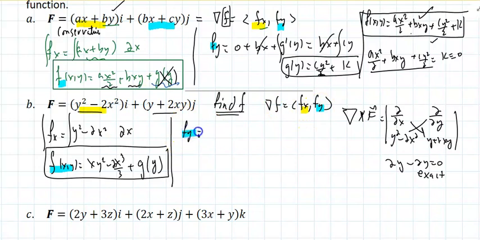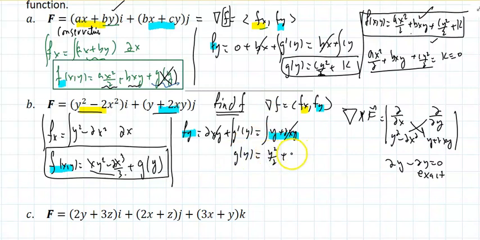Take a derivative with respect to y of this, that is 2xy, that's a 0, plus g prime of y, and that should equal the j component. That should equal y plus 2xy. Those cancel out. If you integrate, g of y would be simply y squared over 2 plus a constant.